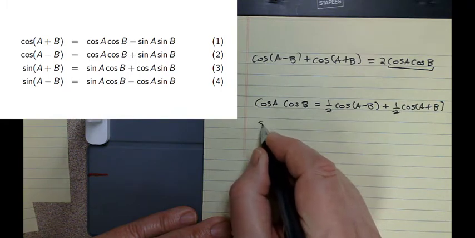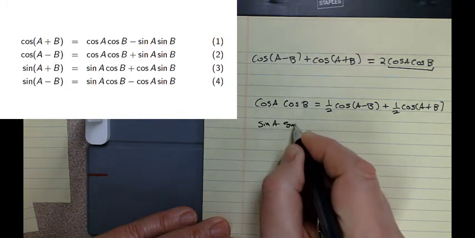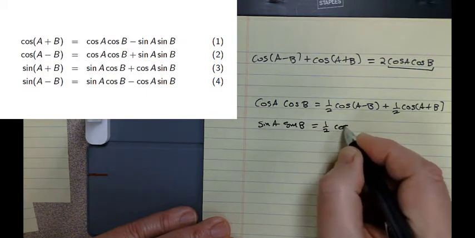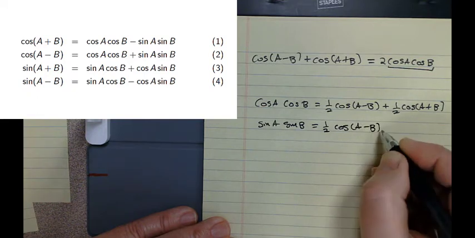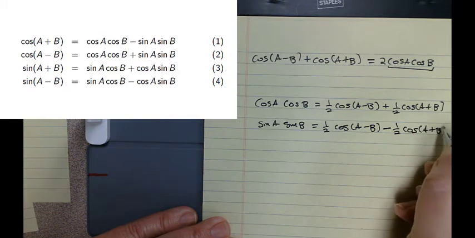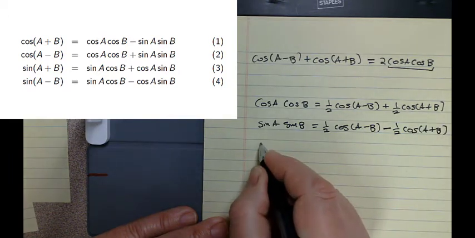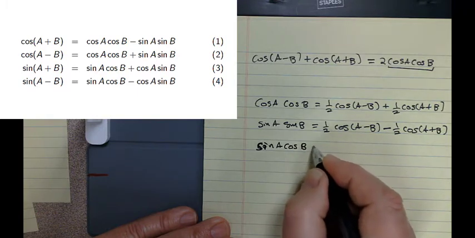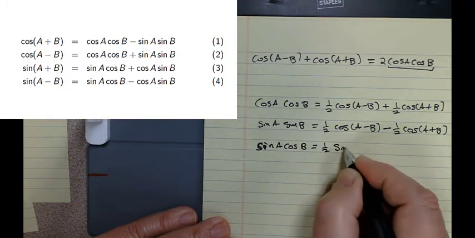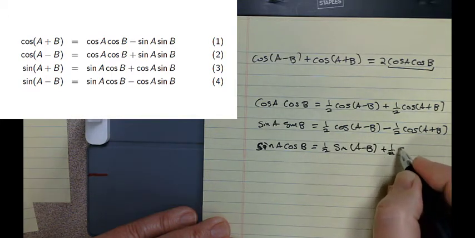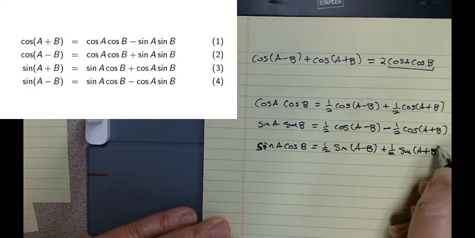You can go sine of A, sine of B is equal to 1/2 cosine of A minus B minus 1/2 cosine of A plus B. And finally, sine of A cosine of B is equal to 1/2 sine of A minus B plus 1/2 sine of A plus B.